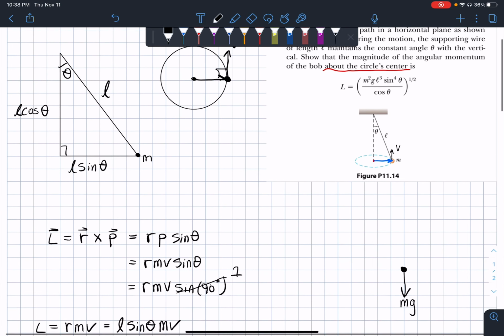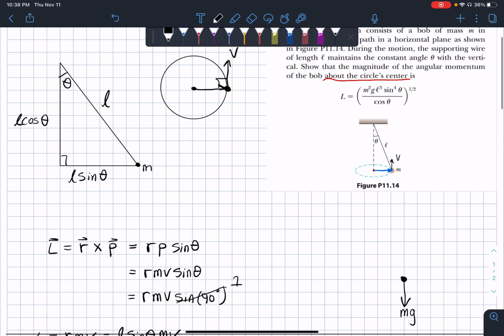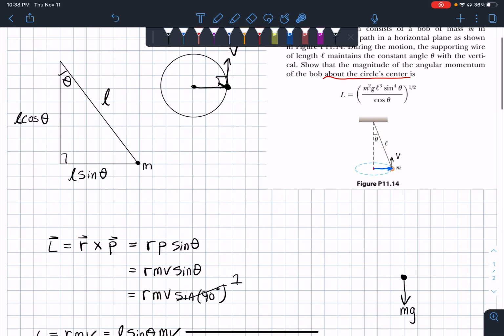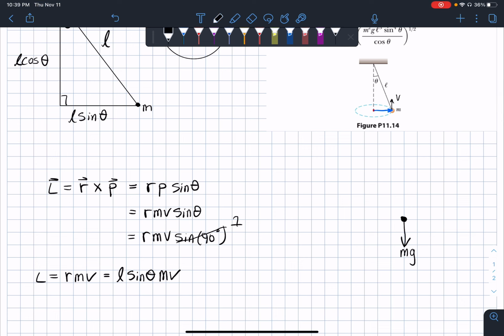And then there is tension in this rope right here, pulling up at an angle. So from a side view, here's the tension. And then let me draw some dotted lines, I'll make them straight.